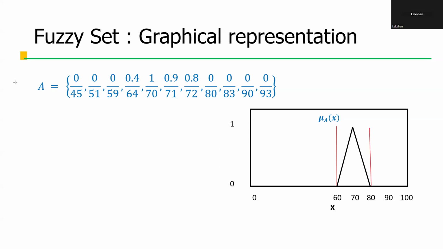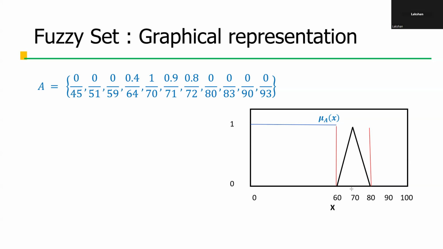Okay, so this is how it comes. Up to 60, it is 0 for the membership function. And in here, it will become 1 for the complement.